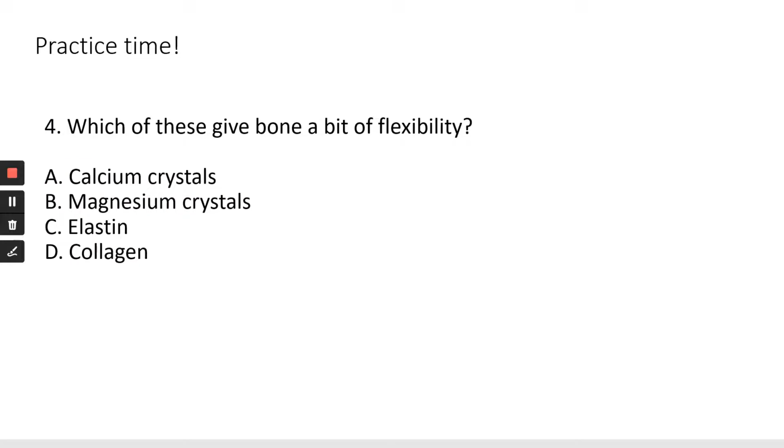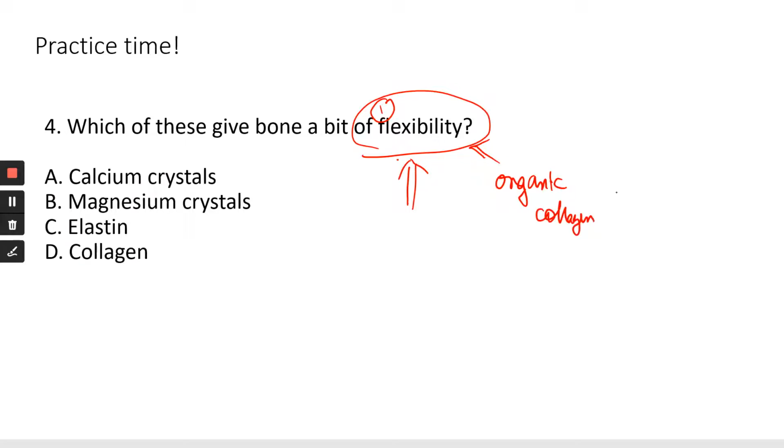Number 4. So the question asks for flexibility. There are 2 main characteristics for bone. The first one is flexibility, and that's provided by the organic components, especially collagen fibers, right? And the second characteristic is hardness.